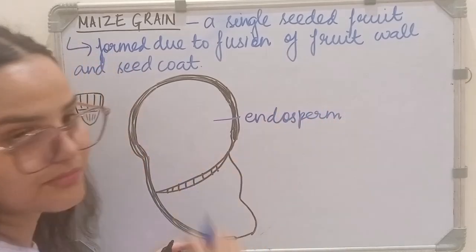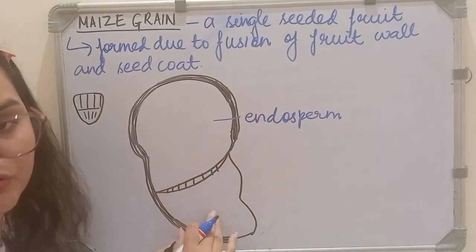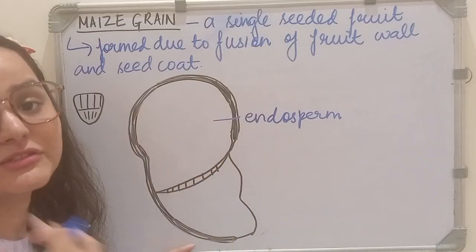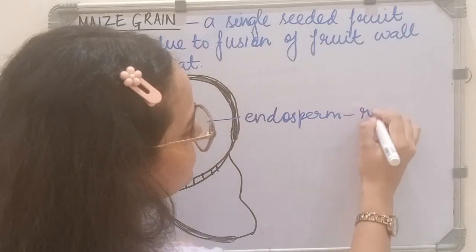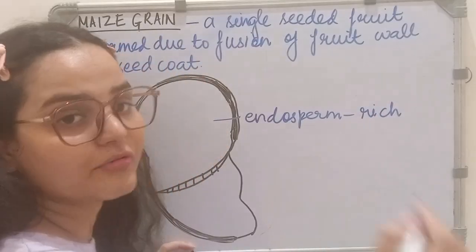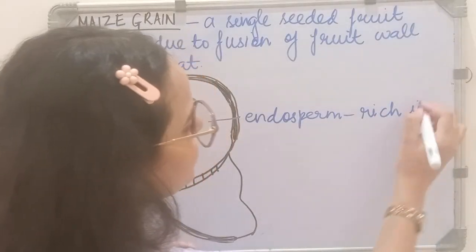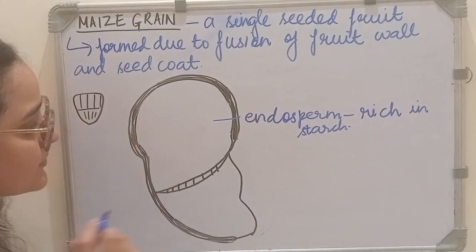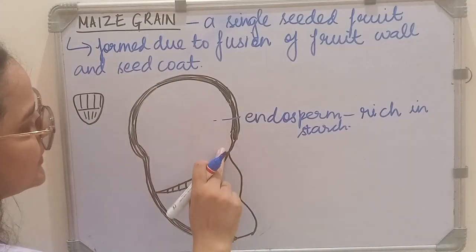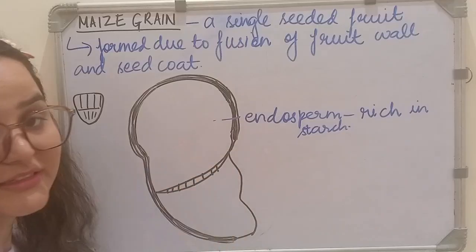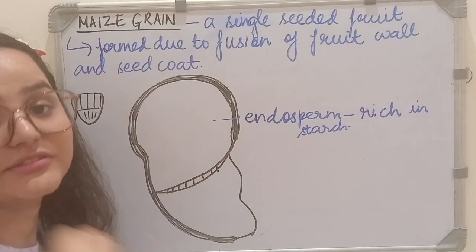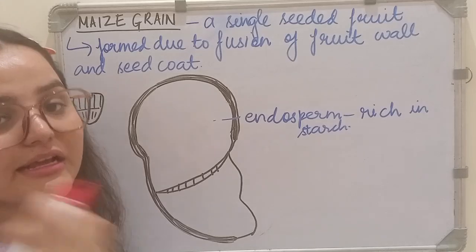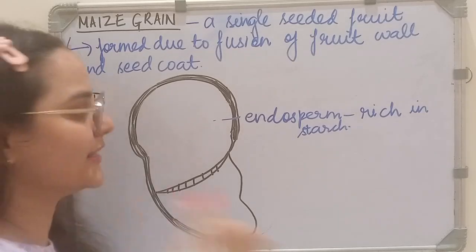This provides food to this growing embryo which is present here, and this endosperm is also rich in starch. That's why it provides food. Now the outer boundary of this endosperm is rich in protein, and that layer is known as aleurone layer.